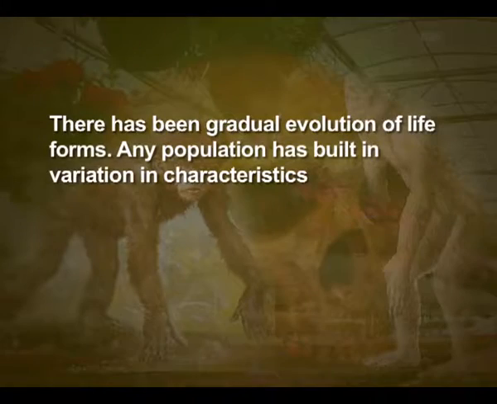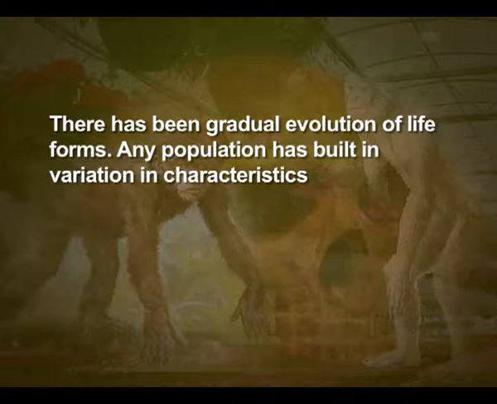Many of such life forms do not exist anymore. There had been extinctions of different life forms in the years gone by, just as new forms of life arose at different periods of history of earth. There has been gradual evolution of life forms.